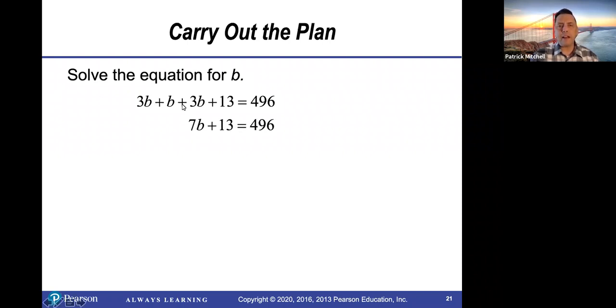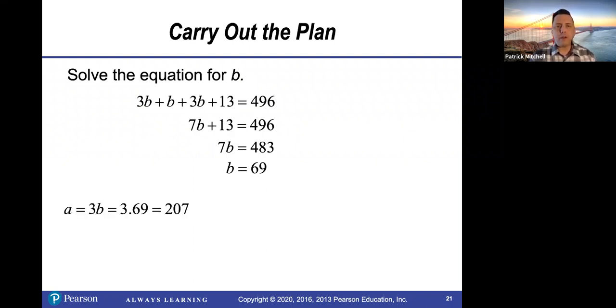Combining the 3 like terms over here, we get 7B plus 13 equals 496. Subtract 13 from both sides, you get 7B equals 483. Divide both sides by 7, you get B equals 69.